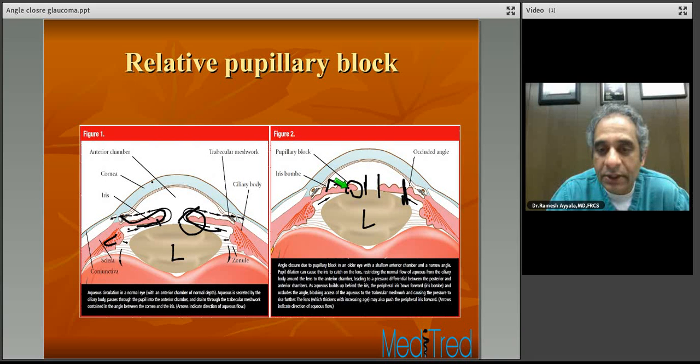So aqueous suppressants such as beta blockers or, say, Diamox can work at decreasing the convexity of the iris and opening up the angle structures by decreasing the amount of aqueous being produced. So this is the first line of treatment in patients with angle closure glaucoma. Use aqueous suppressants based on this mechanism that we just discussed.